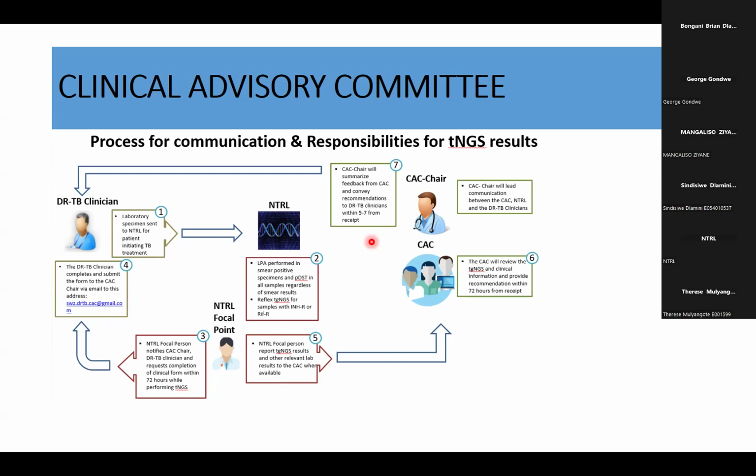So the clinical advisory committee will then recommend the regimen which will be used for that particular patient. So I would actually go through the whole process here, but I just prefer to summarize it. So you have the data from the NTRL, we process the samples. Once we process, the results are then given to the CAC. The CAC will review and then come up with a specific regimen that will be used for that particular patient.